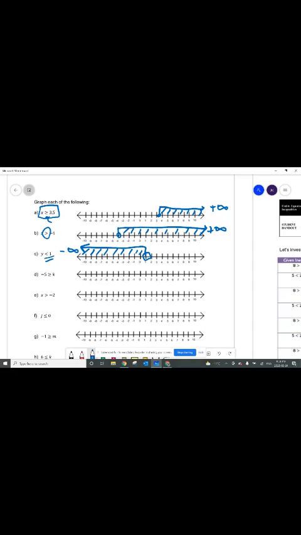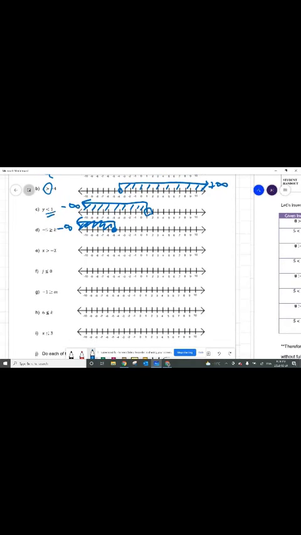K is smaller than or equal to -5. The solid circle, is smaller than, so negative infinity over there. E is saying -2 and bigger than. Empty circle. Bigger than means it's on the right side of the spectrum.